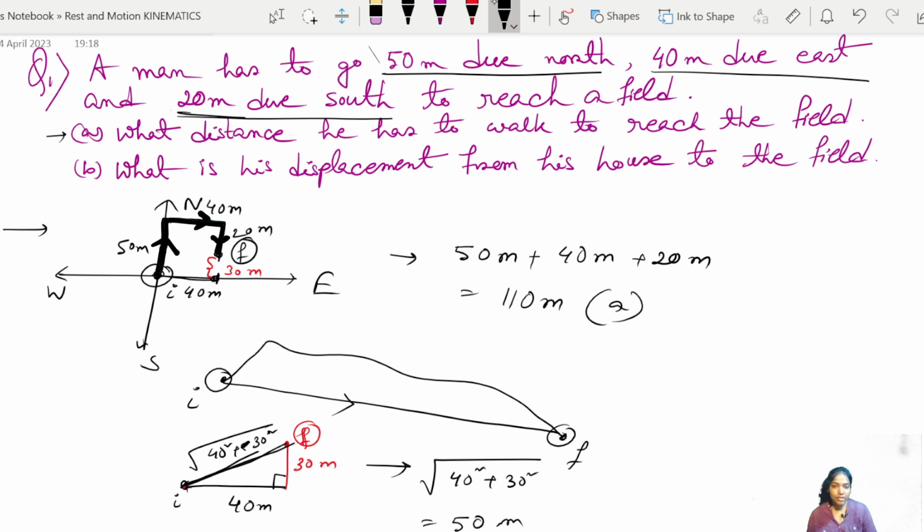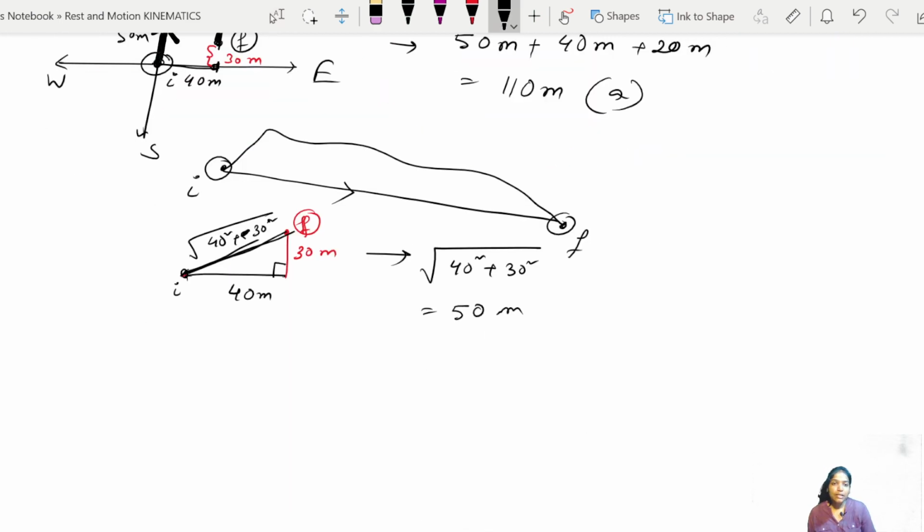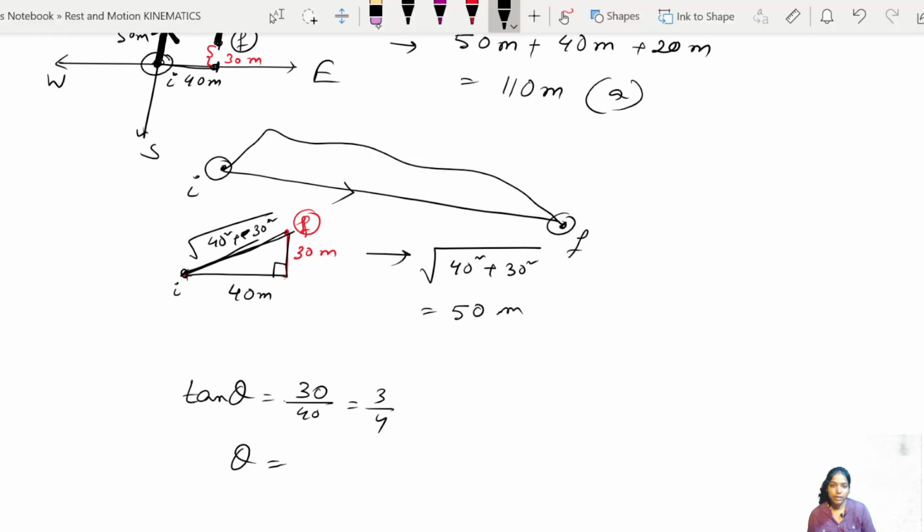For this direction, let's take the help of tan theta, that means perpendicular by base, 30 by 40, it will come 3 by 4. So theta will be tan inverse 3 by 4.